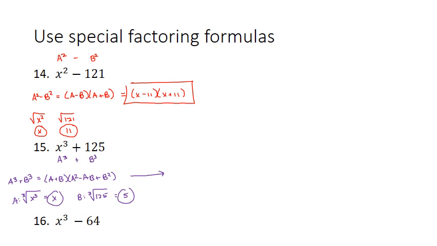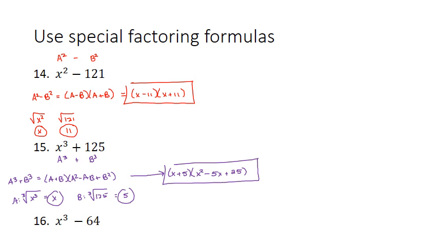So I'm first going to add them together. So that's x plus 5. Then I'm going to take a squared. So if I square x, that is x squared, minus multiply them together. X times 5 is 5x. And then plus b squared, so 5 squared is 25. This is your factored form.